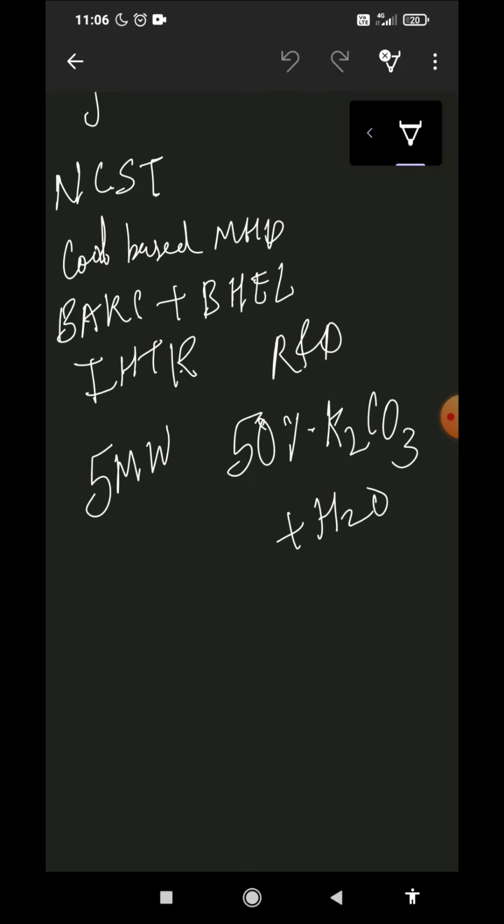So these are the various concepts and topics we discussed. And then we have seen the future prospects of MHD power generation.